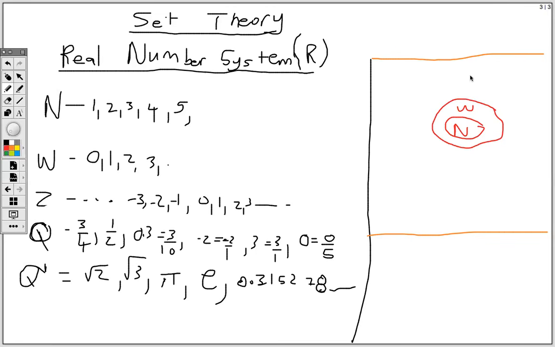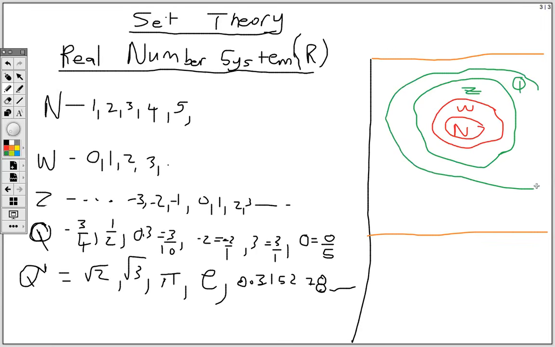After whole numbers, we have integers. I'm going to put the Z with a cross so that you know that that's a Z. And the next one, we have rational numbers. And outside the set, we have irrational numbers.